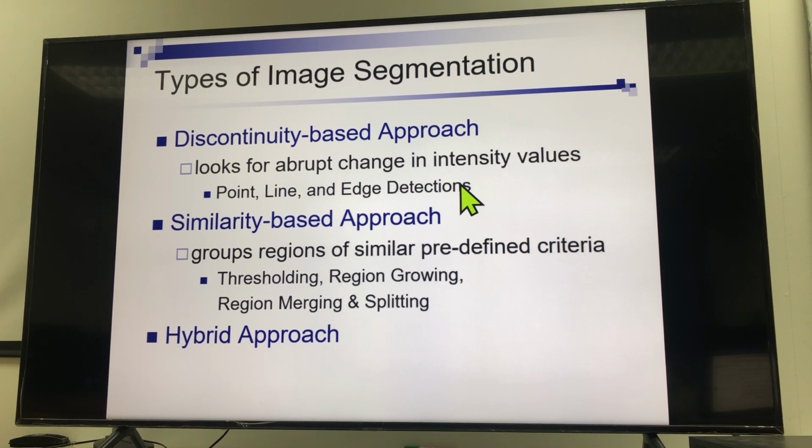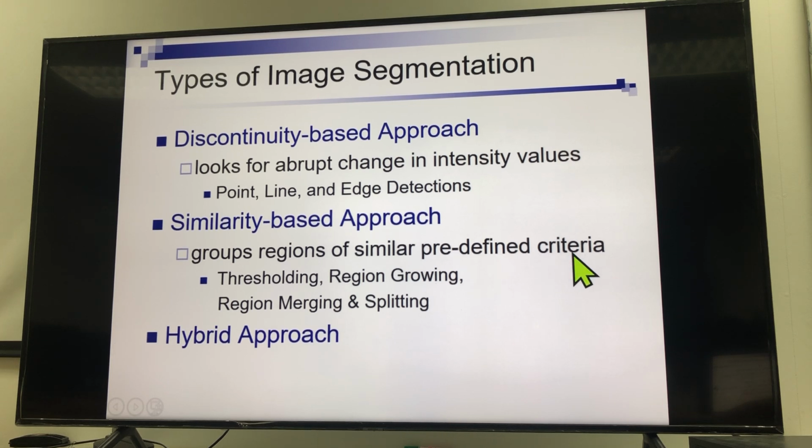In this case, usually we use the intensities, but not necessarily intensity. It could be anything, as long as they are similar, they are supposed to be grouped together. So the group of regions has similar predefined criteria.